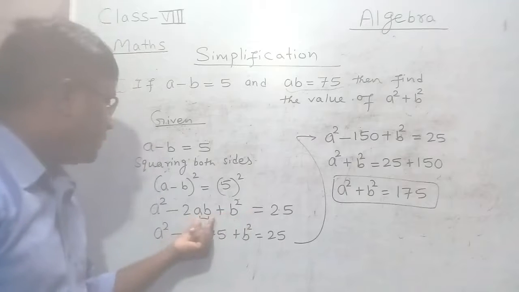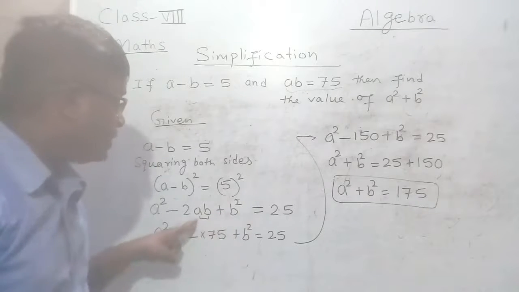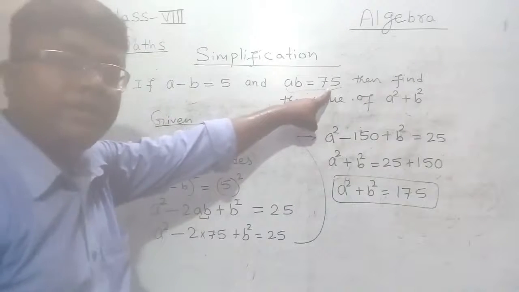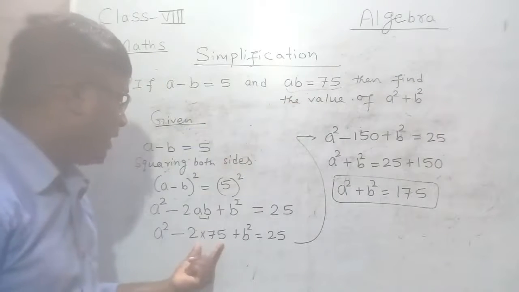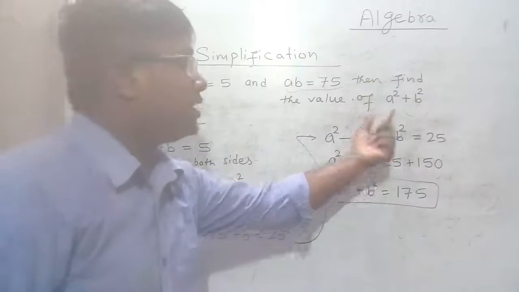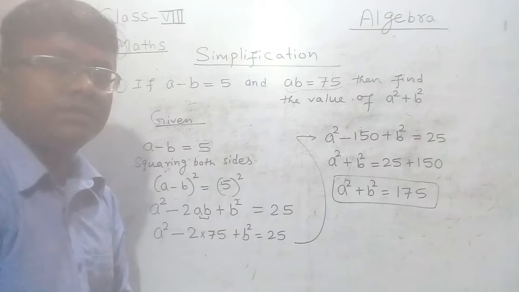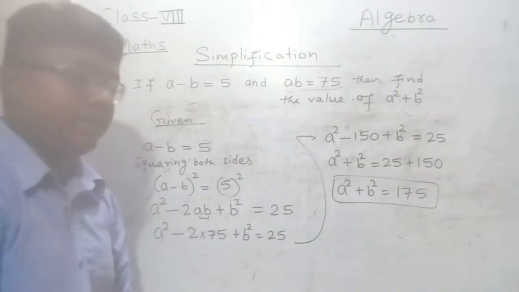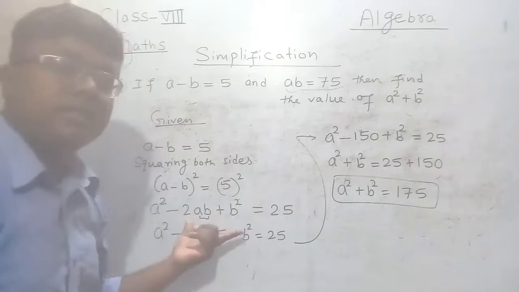In place of this ab I have substituted the value, that is 75. After that I have just done the multiplication of these two numbers. Then I have transferred this to the right hand side and we got the value of a square plus b square. I hope it is clear.